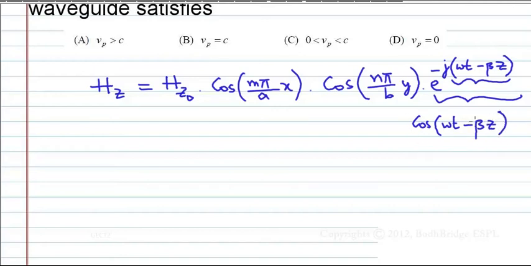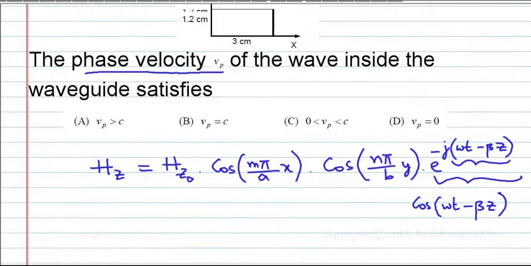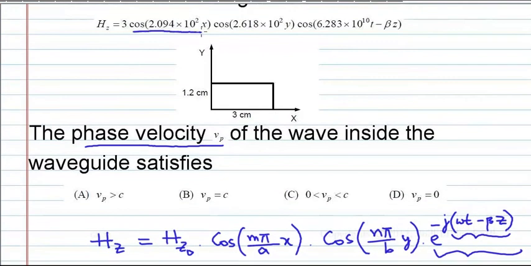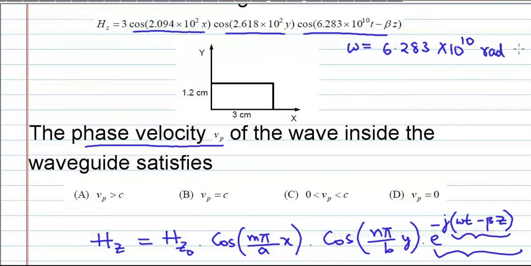Here he has given cos(mπ/a x), cos(nπ/b y) into cos(ωt − βz). Therefore, from here I can infer ω is 6.283 × 10¹⁰ radian per second.